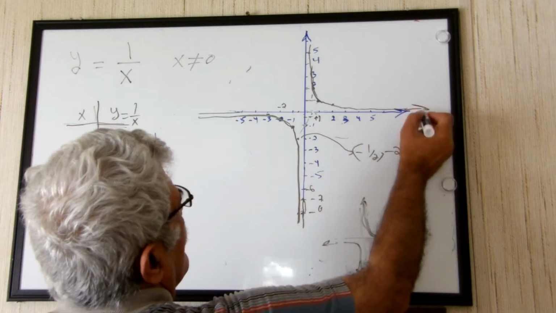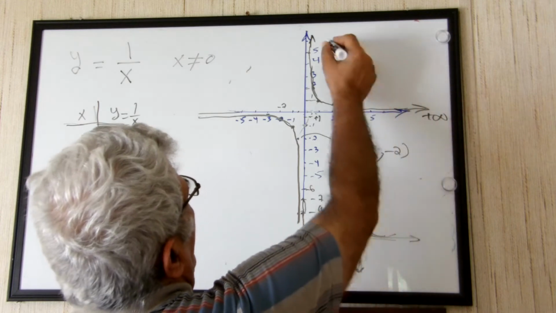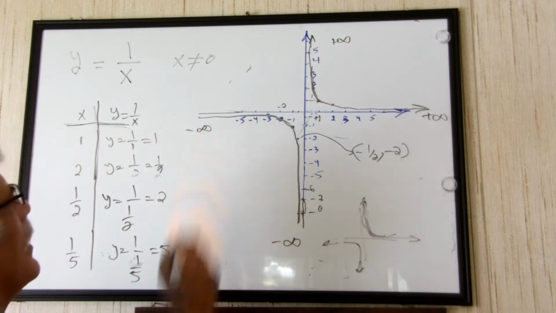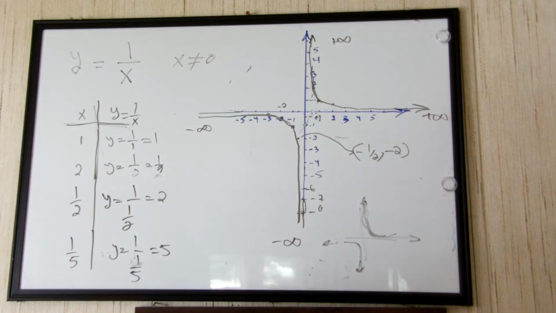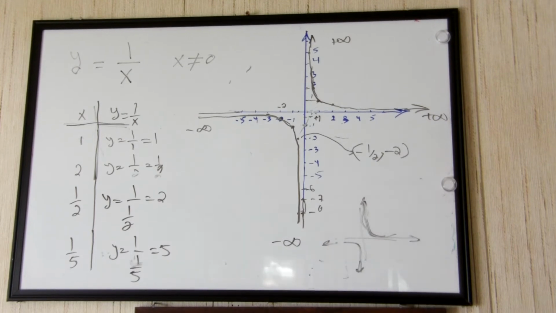It goes to plus infinity, and this one is plus infinity, and this is minus infinity, and this is minus infinity. See, it looks like this. It's really hard. Sometimes it's hard to graph this.